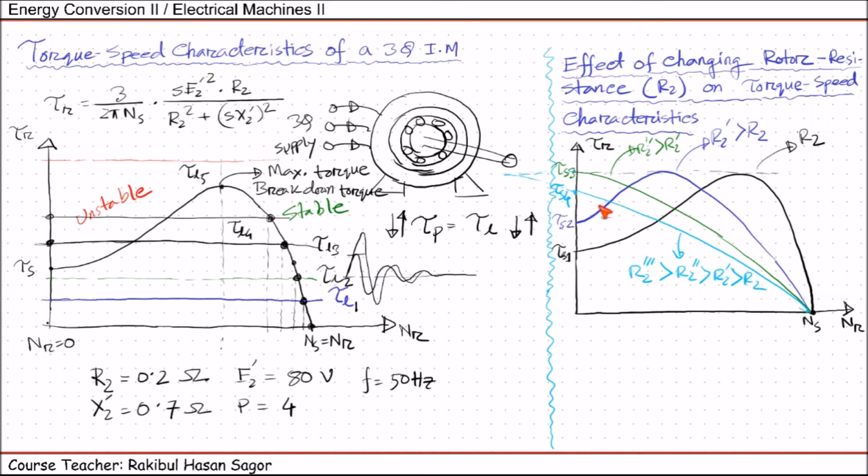So if we keep increasing the value of rotor resistance, then the starting torque will be decreased. So this is the torque speed characteristics curve for different values of R2.